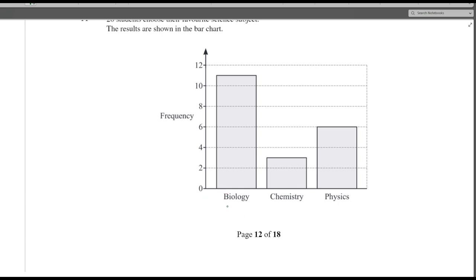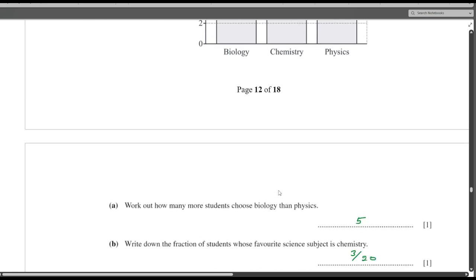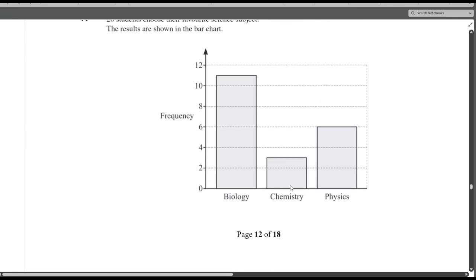As they are not in numbers, I will say that mean is not possible. Median is one way we can say, but the better answer will be mode. Mode is something which has the highest frequency.